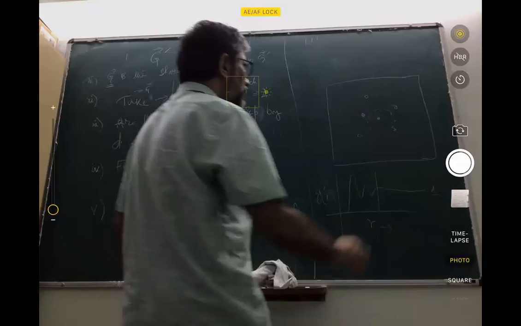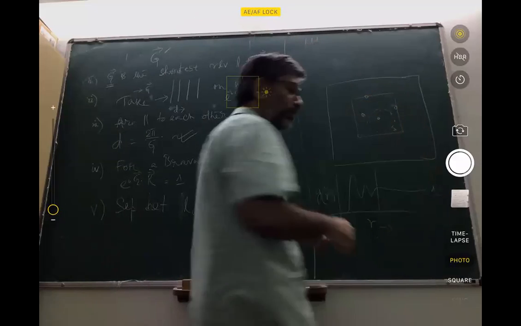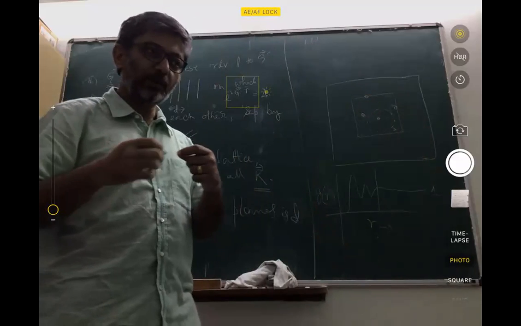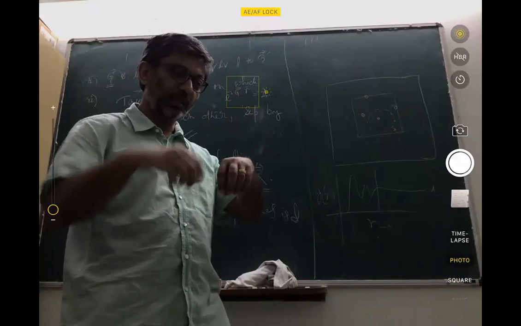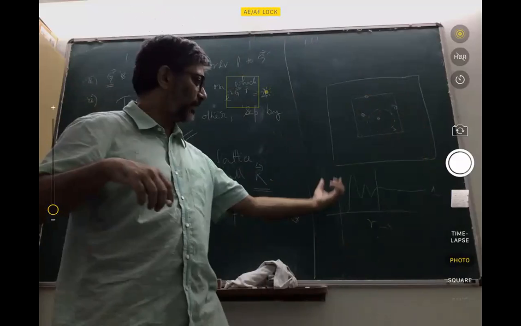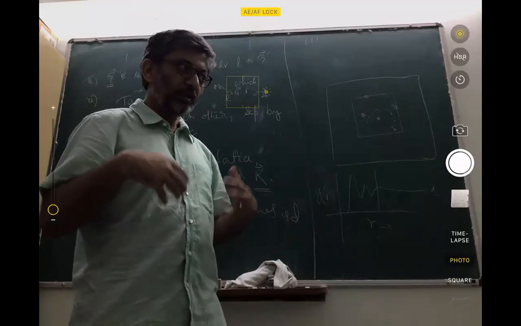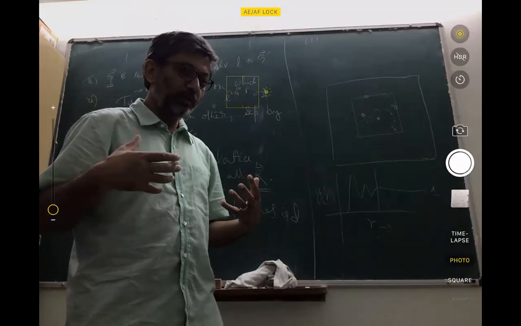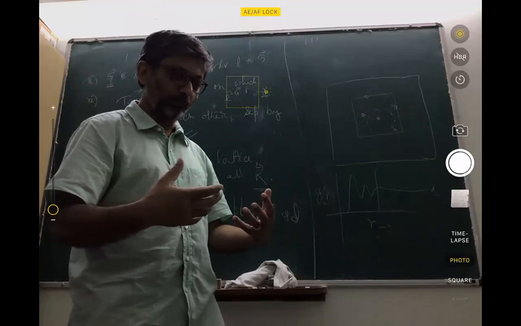Now, when you numerically do it, you have to take one of these objects as your origin, and then look where the other ones are relative to this, and that way calculate g of r. When you are doing numerics, getting more data means your statistics improves.